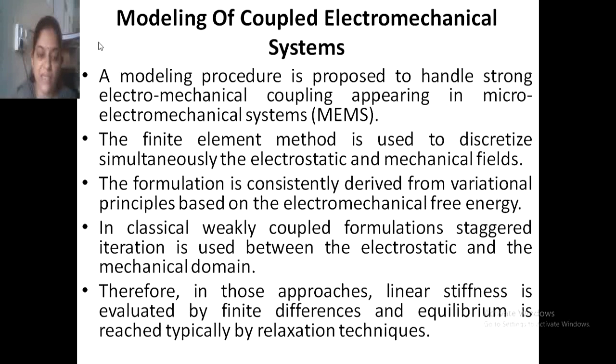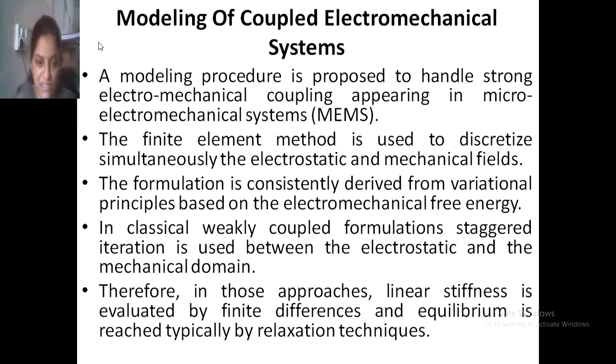In classical weakly coupled formulations, staggered iteration is used between the electrostatic and the mechanical domain.